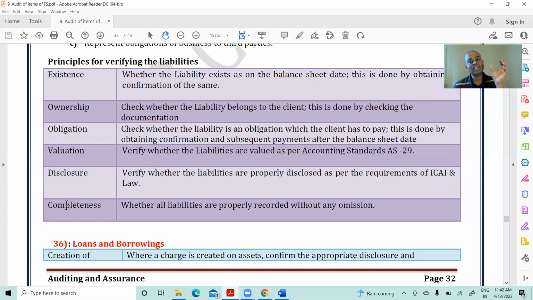If you show it as an actual liability, net worth comes down, net asset value comes down. But if you show it as a contingent liability, it will not be in the balance sheet. It will be a footnote to the balance sheet, only disclosure. That is also dangerous. The auditor has to verify. You have to scrutinize all the contingent liabilities and understand whether they are truly contingent liabilities or whether they are liabilities that management is just showing as contingent. You need to be very careful.